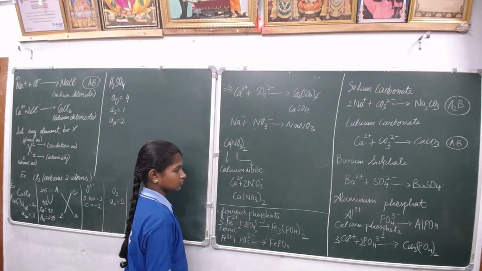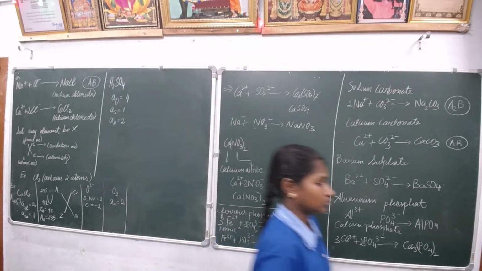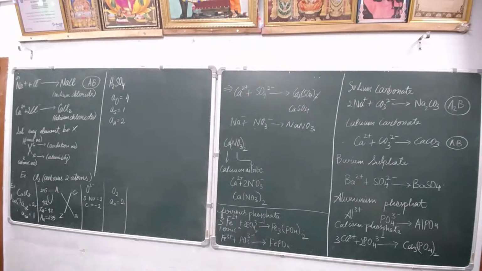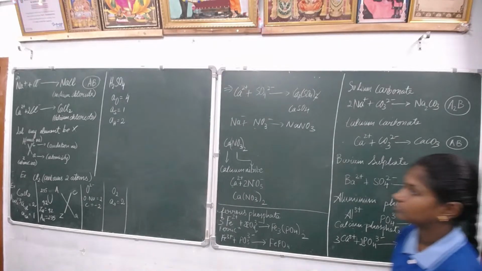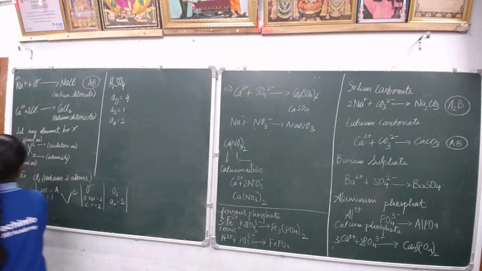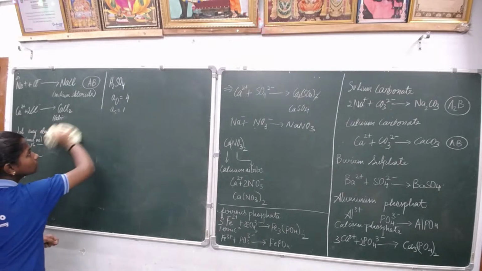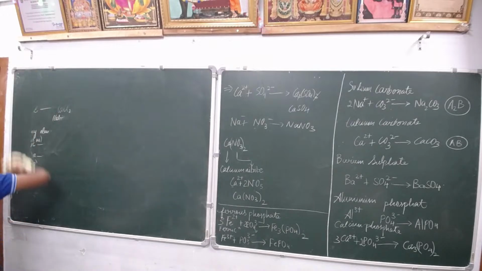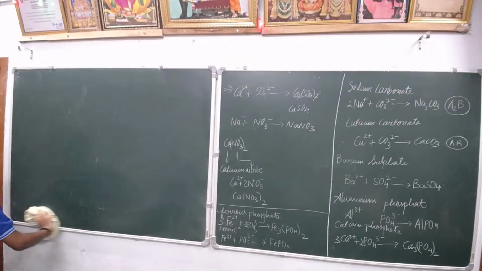Now I will talk about some, that is basicity in acids also. Let me have three types of acid: HCl, H2SO4, H3PO4.